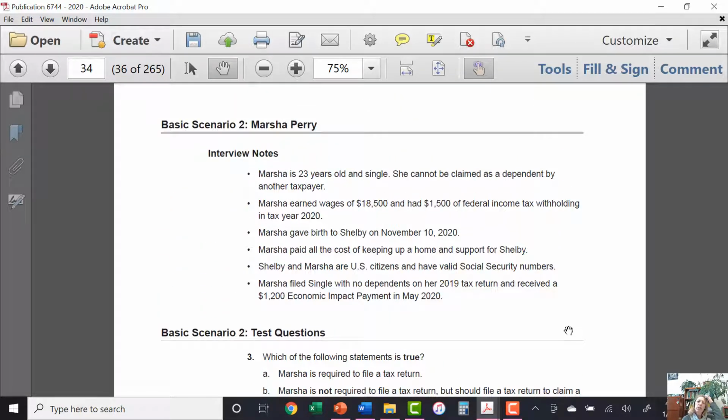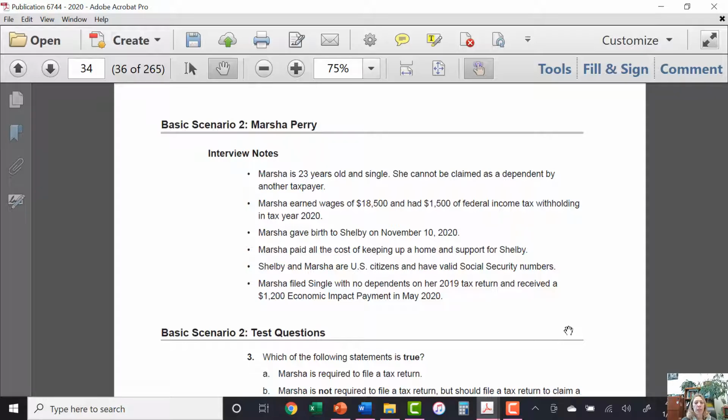She's 23, she's single, she can't be claimed as a dependent by another taxpayer. She has earned wages of $18,500 and had $1,500 of federal income tax withheld, meaning on her W-2 it said $18,500 as total income and $1,500 was box 2 withholding. She gave birth to Shelby on November 10th of 2020. Marsha paid all the costs of keeping up a home and support for Shelby.